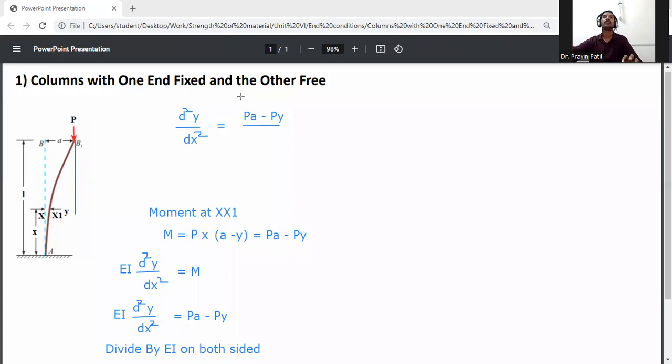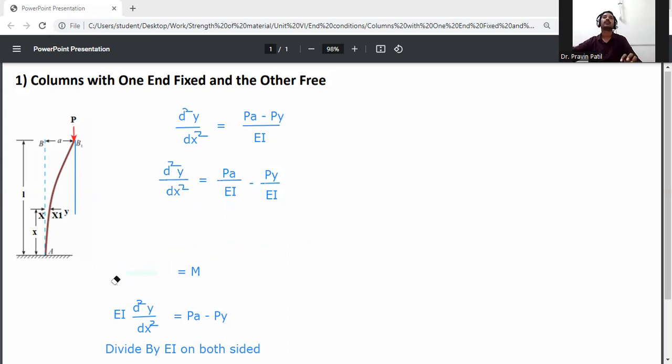You can write it in this way, separating the terms: d2y by dx square is equal to Pa divided by EI, minus Py divided by EI.